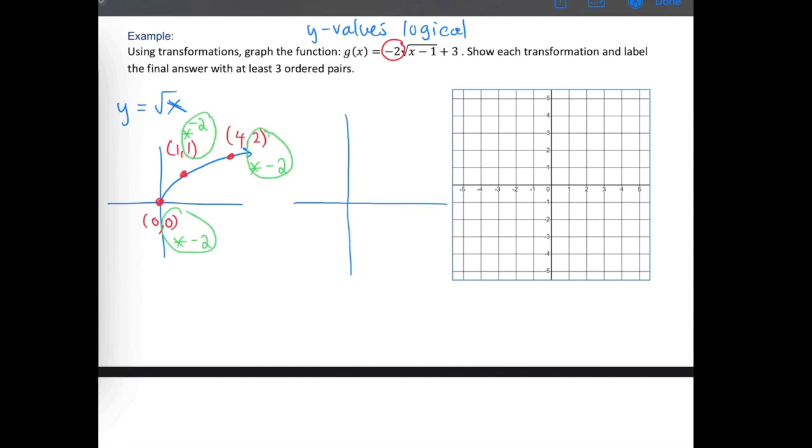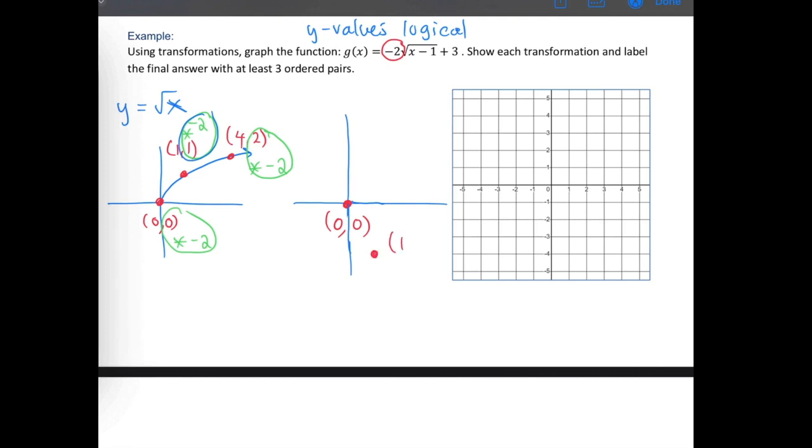By multiplying each of these y values by negative 2, we can do both of them in the same step. So our first ordered pair, (0, 0), the x value doesn't change when we perform this operation, and the y value is multiplied by negative 2, but 0 times negative 2 is still 0. For our next ordered pair, we have (1, 1). When we multiply that y value by negative 2, the x coordinate stays 1, but now the y coordinate is 1 times negative 2, or negative 2, which is down here.